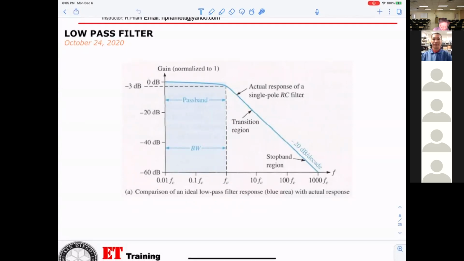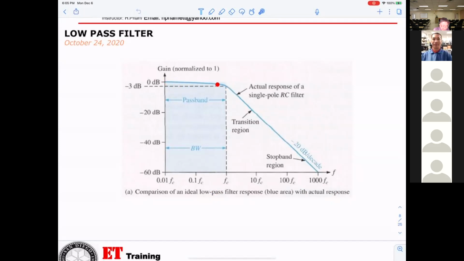However, compared to the ideal low pass filter, the actual filter has a cutoff right here. So that will be the practical filter.